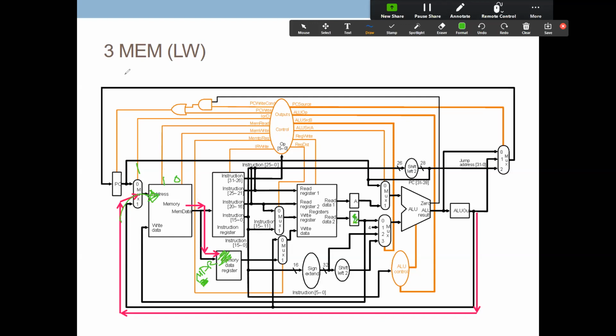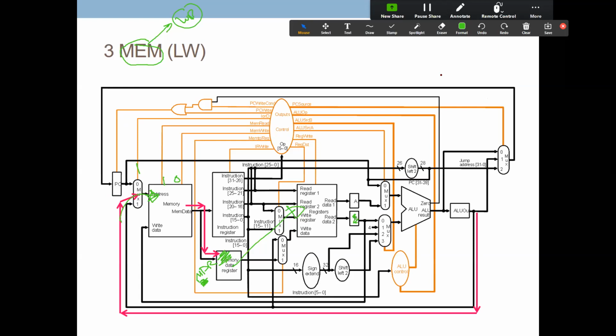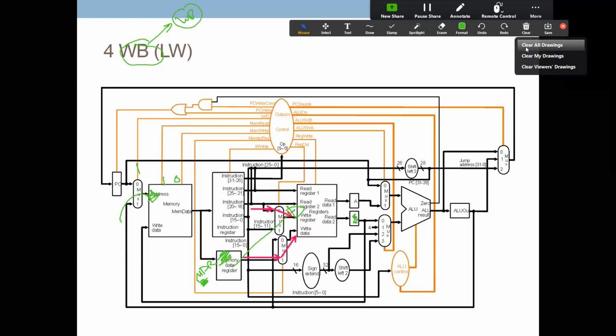After that, what is left for us? When we go to the memory state, then afterwards we need to go to a write back state. We will take this value and we want to write it to the register file. So now we have the value stored.